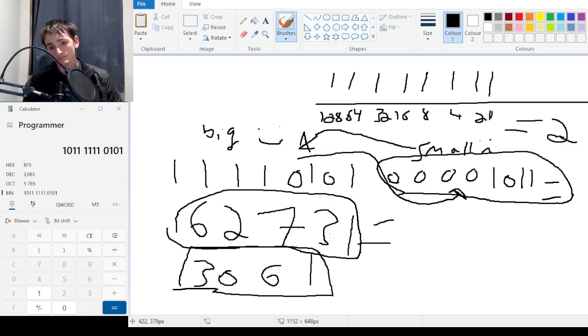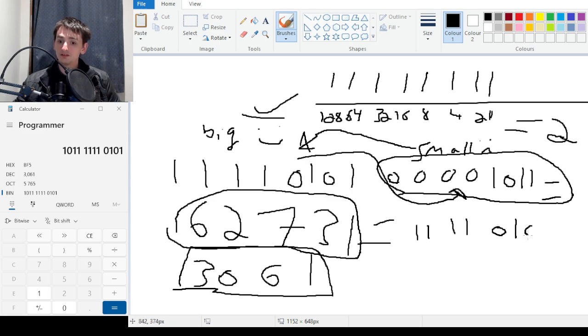So big Endian is the big byte goes first. No problems. Everyone's happy. You just put 1, 1, 1, 1, 0, 1, 0, 1 in, and then put this byte in afterwards. So that would be 1, 1, 1, 1, 0, 1, 0, 1, and then 0, 0, 0, 0, 1, 0, 1, 1.